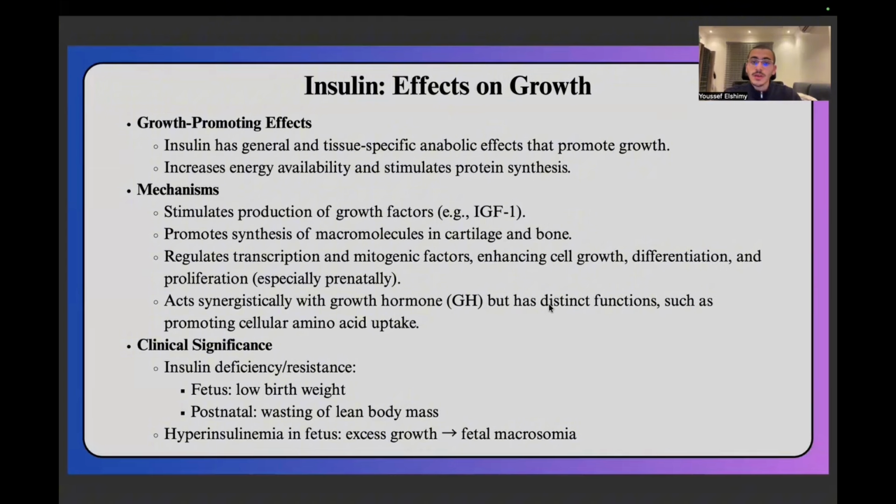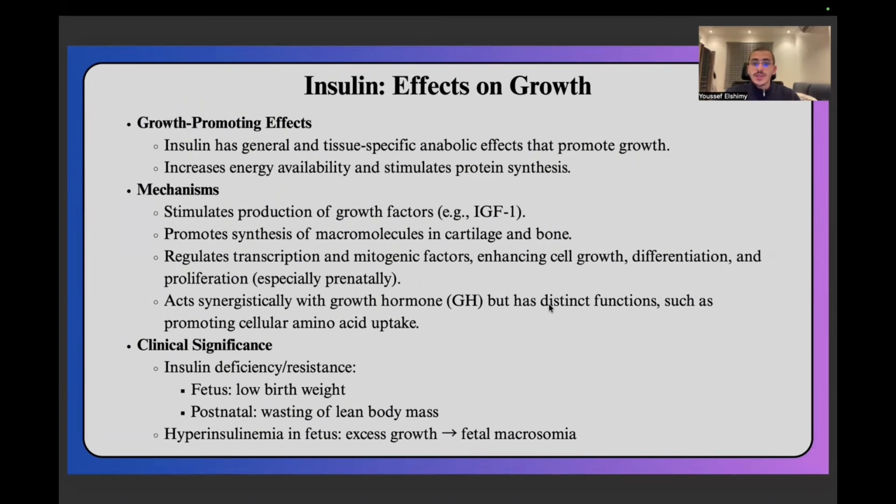And one of the cool things is that insulin works with growth hormone for more growth, but each has different functions. The insulin promotes cellular uptake of amino acids, and growth hormone promotes, after uptaking amino acids, the transcription, translation, and production of protein.